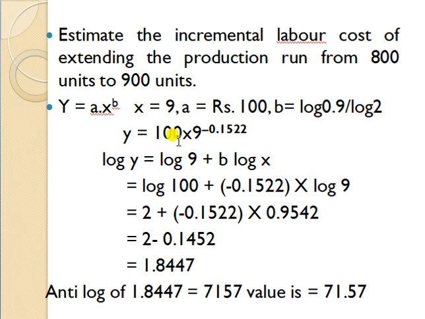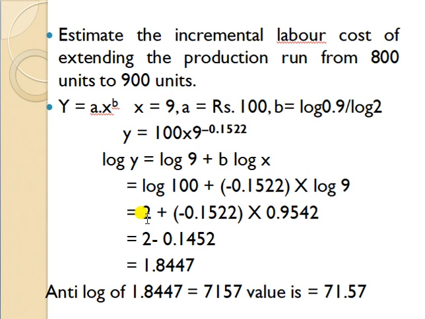So y equals 100 into 9 to the power of minus 0.1522, the derived factor of log 0.9 divided by log 2. So log y equals log 100 plus b log x, therefore log 100 plus minus 0.1522 multiplied by log 9.